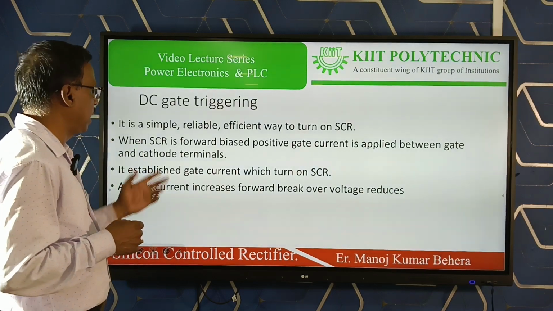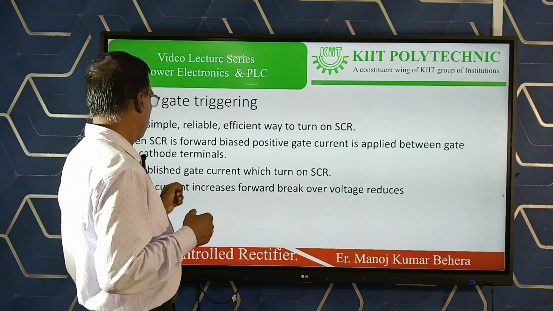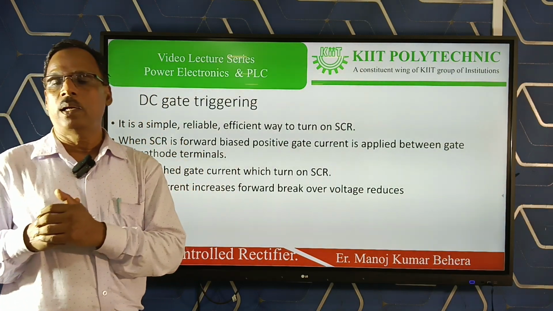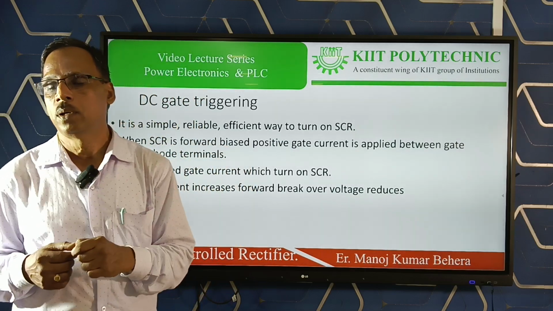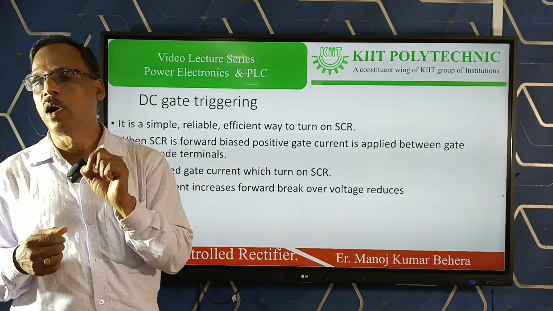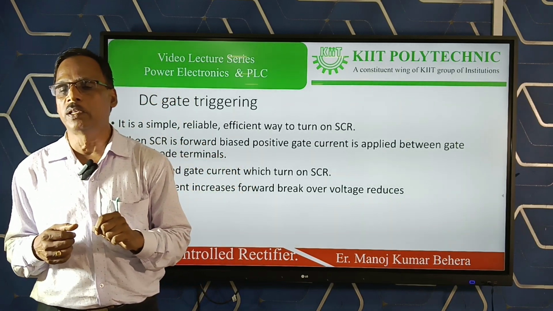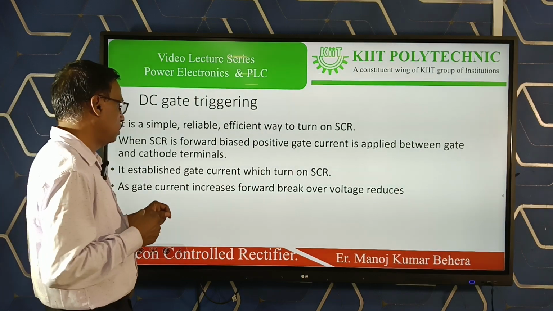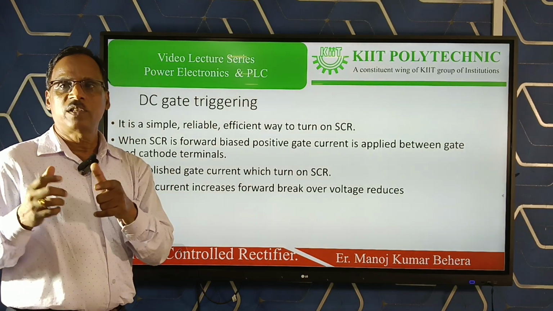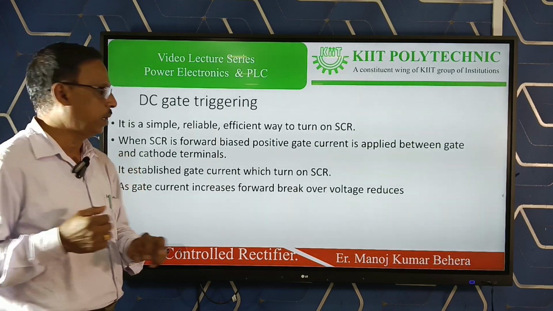It is a very simple, reliable and efficient way to turn on the SCR. When the SCR is in forward bias condition, the gate and cathode are connected to a small voltage of around 9 to 10 volts. By applying this small voltage, we can turn on the SCR. This method is widely used for gate triggering of SCR.